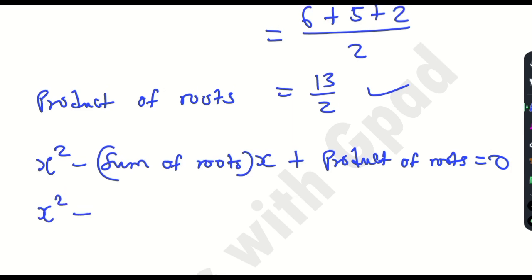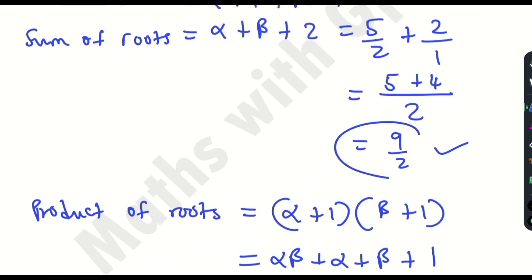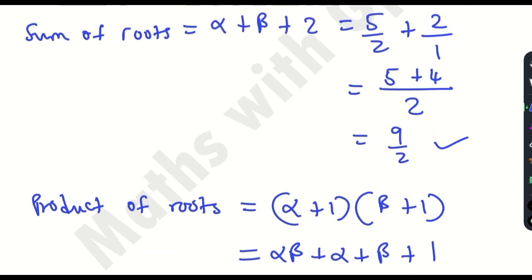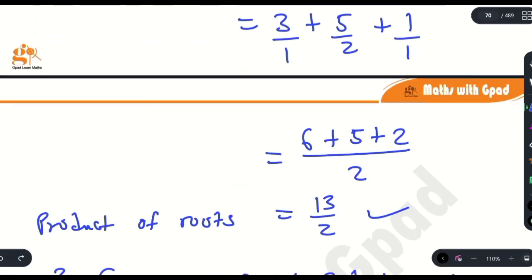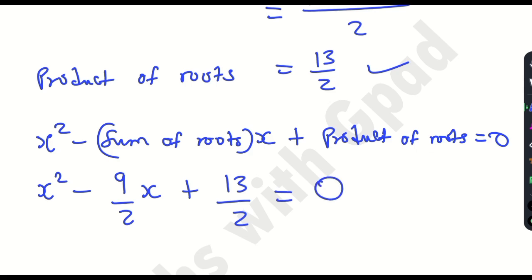Let me take you back. We got it as what? See it here. The sum of roots was what? 9/2. So here I'm going to write 9/2 x plus what about product of roots? Not far-fetched, it is here, 13/2. So 13/2. And this is equal to what? 0.